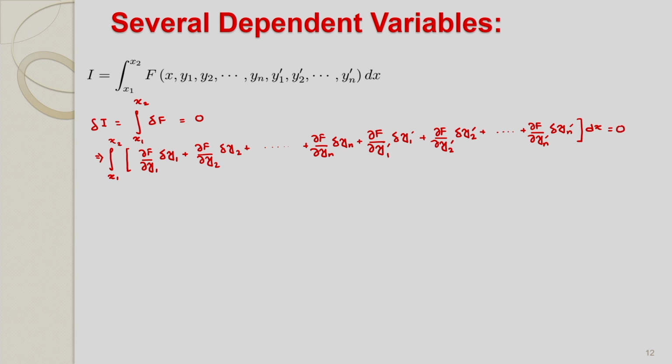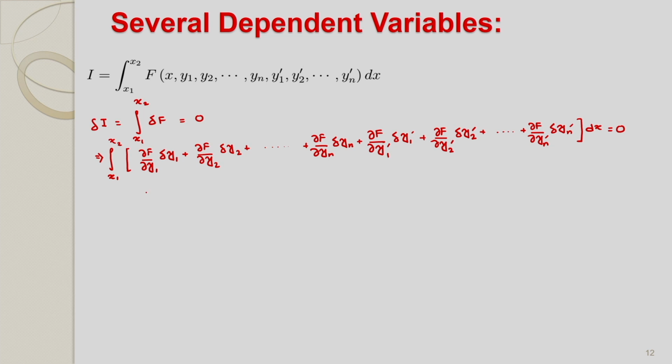Now, using arbitrariness of variation, we can choose delta y2 to delta yn equal to 0, and we use arbitrariness of delta y1.